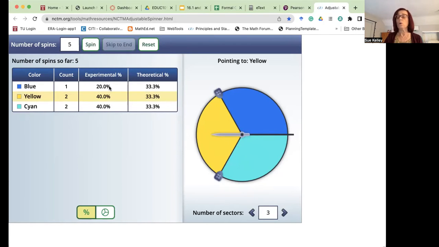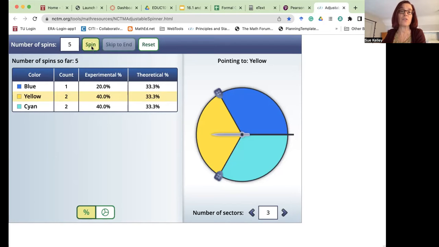And whoa, not looking very good for Mr. Blue. If you had your money on blue, looks like you would lose money 4 out of 5 times, right? That's not the same as our theoretical.